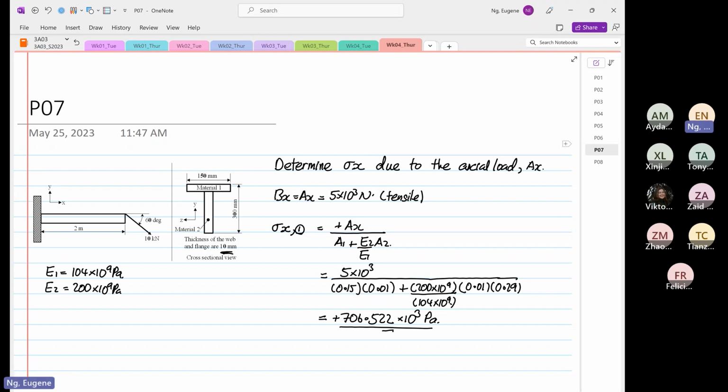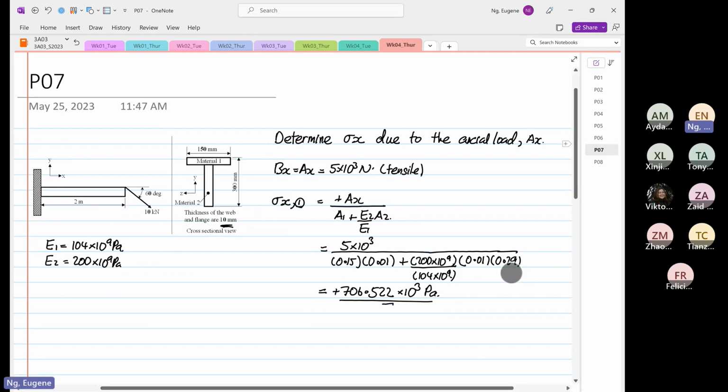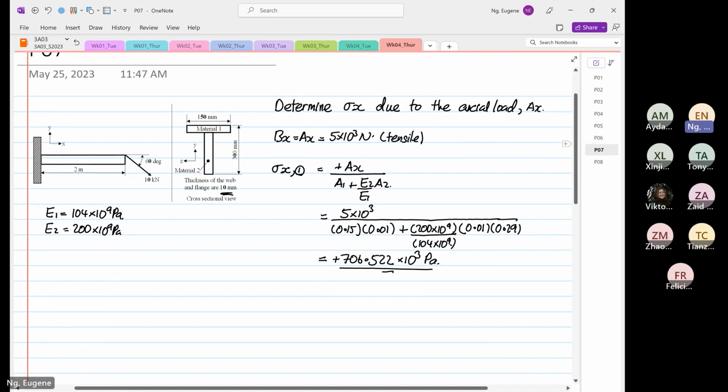Hey, I got a different answer now. 706.522. Okay. So this is our axial stress for the composite material, for material 1. So you can see it's not that difficult. It's quite straightforward to look for stress in composite material, right?